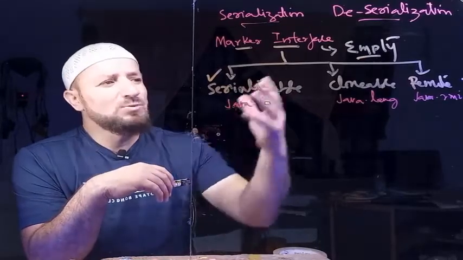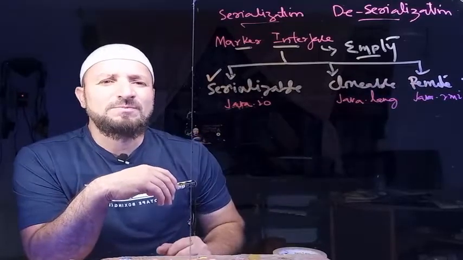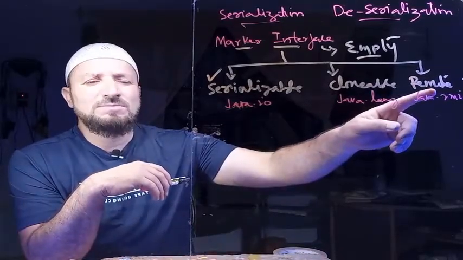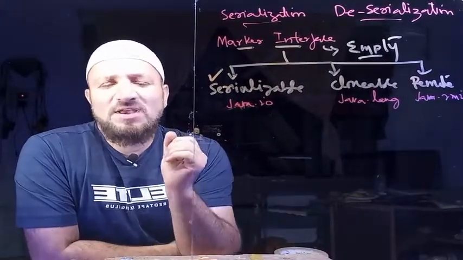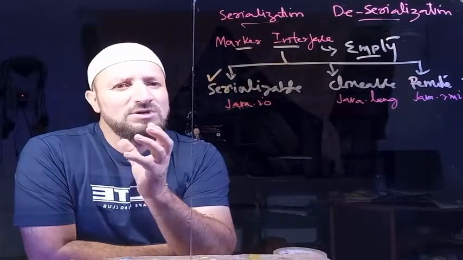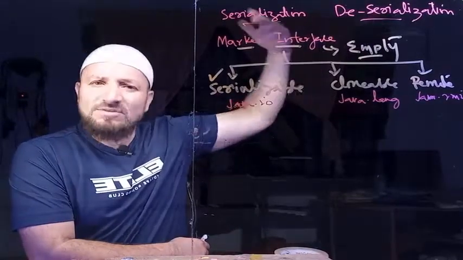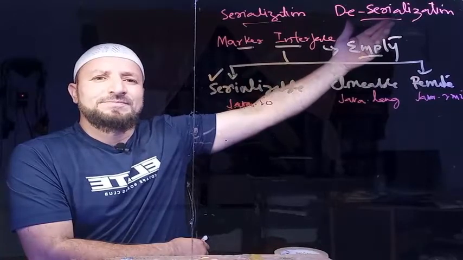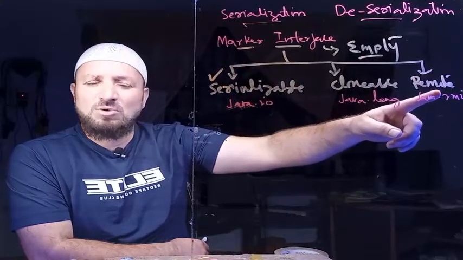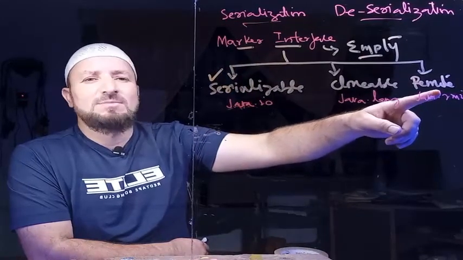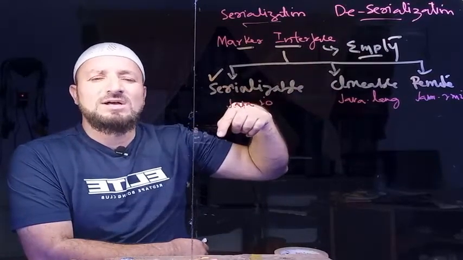What is Serializable, what is Cloneable and what is Remote? These are not my main topics, but let me discuss a little bit about them too. Let me talk about Remote first, then we'll take Serializable in detail. With Remote, if you have an object on one particular computer and you want to run it from a remote computer, some other computer on a network, and your class is not implementing the Remote interface, your JVM will not allow any remote class to access your class.